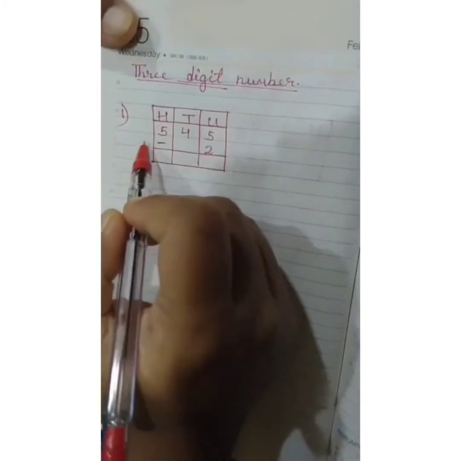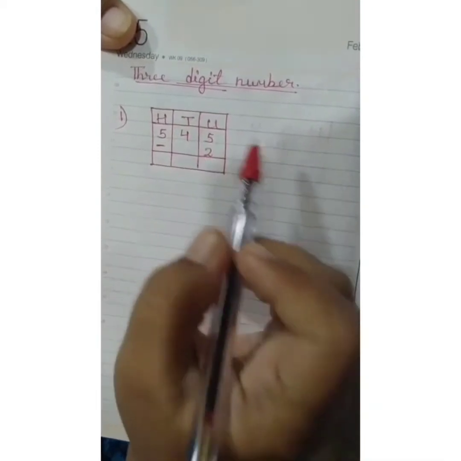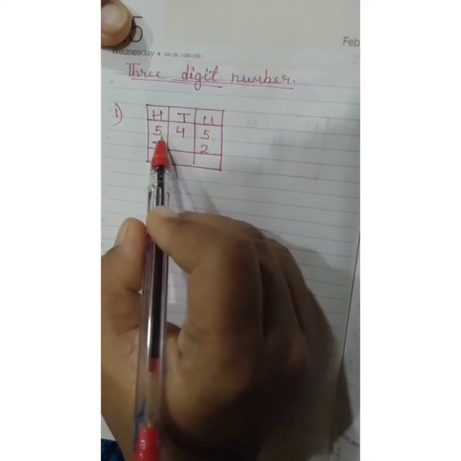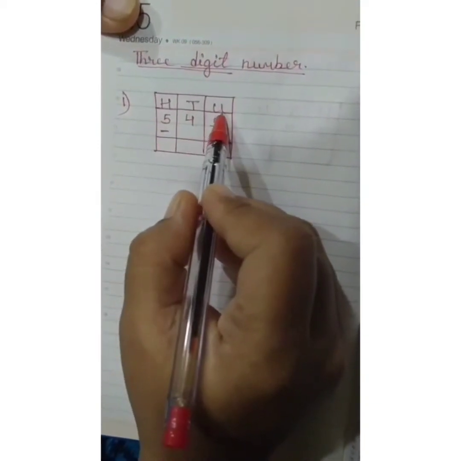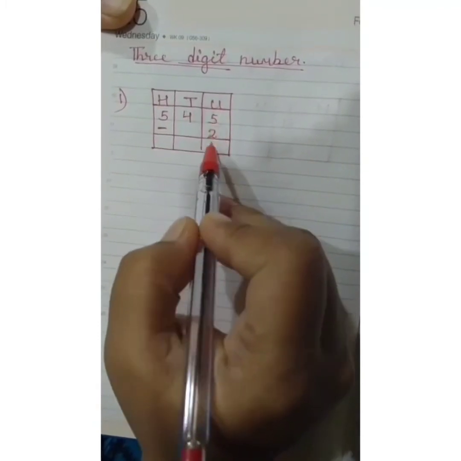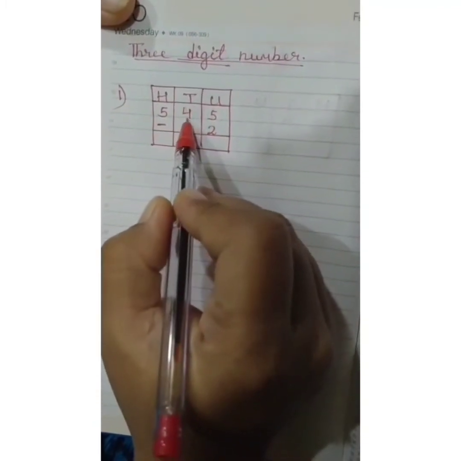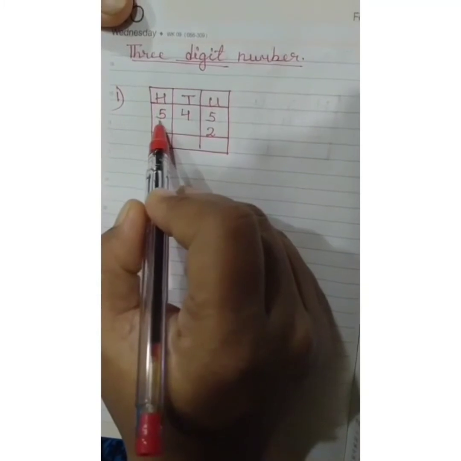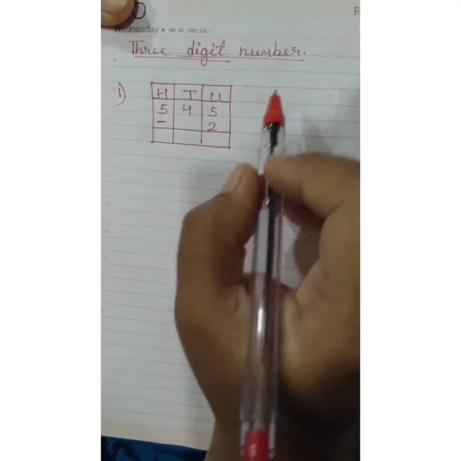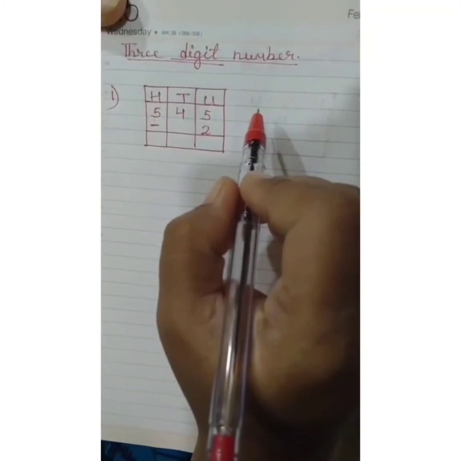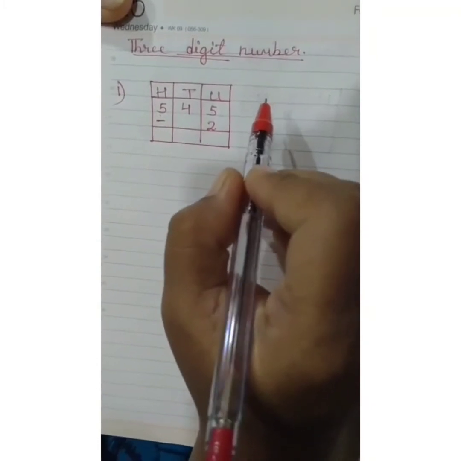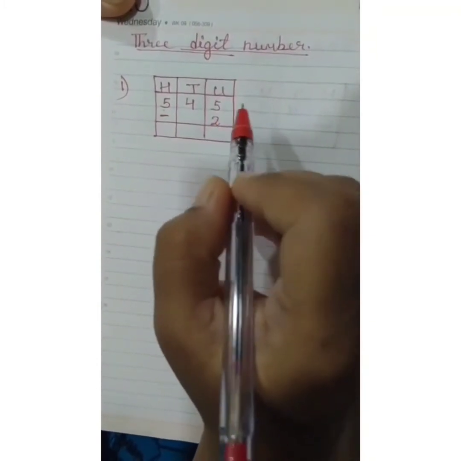Now let's see 3-digit number subtraction. Here I have written one example, that is in units place 5 minus 2, in tens place 4, in hundred place 5. Now when you are doing subtraction, always remember to do it from unit.